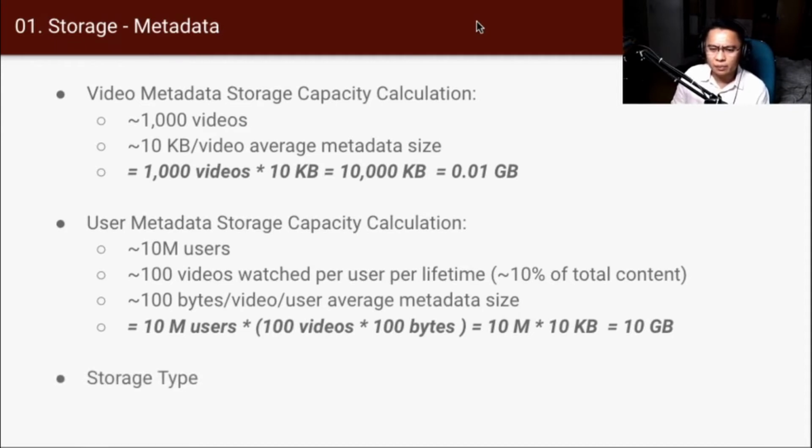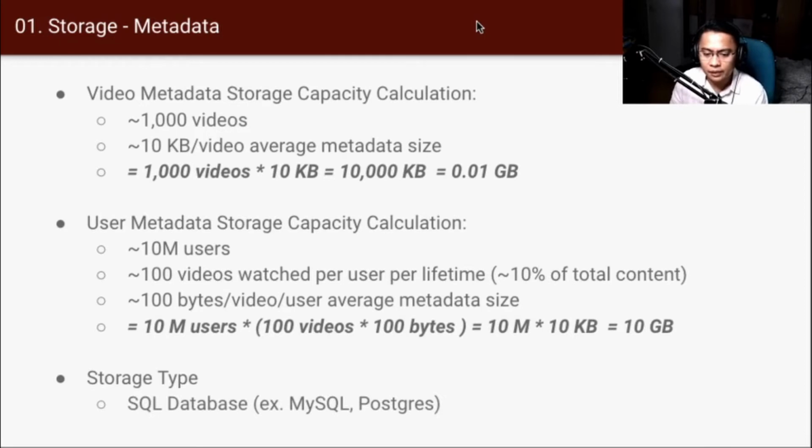So it's not that big. So we don't need to do any special treatment for this. So we can just store them into maybe a SQL database like MySQL or Postgres. Why don't we use NoSQL?